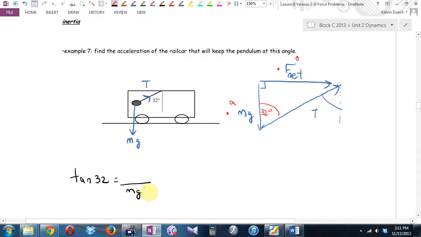What is the equation for F net? What has F net been since physics 11? Two letters. This is really just F equals ma, right?